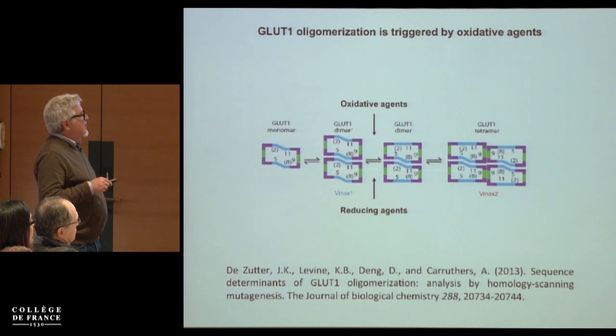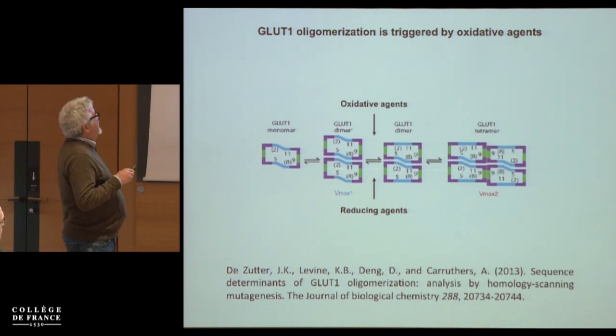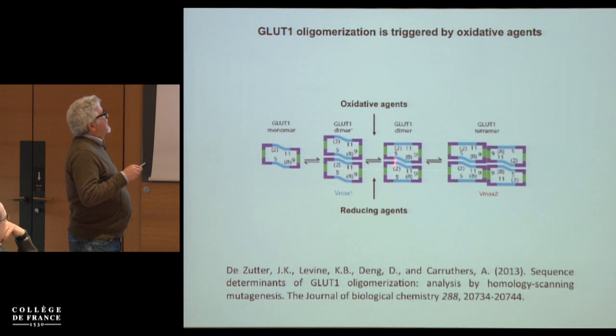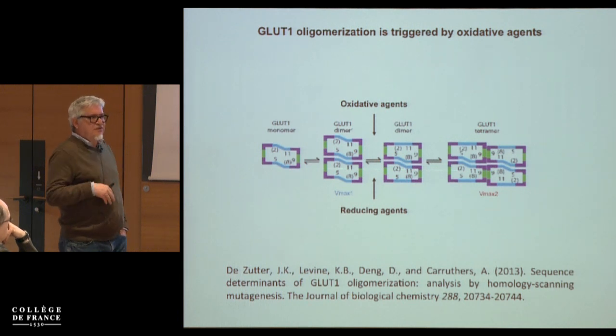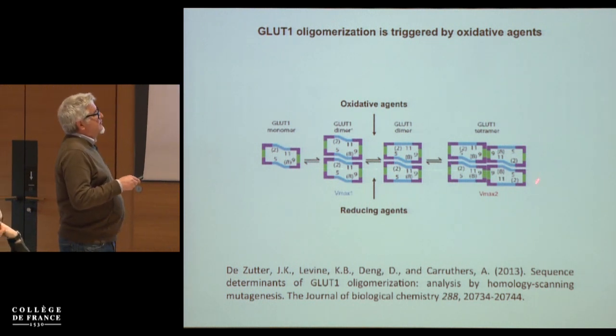Anthony Carruthers published that in red blood cells, there is an equilibrium between GLUT1, which has a certain Vmax, and GLUT1 as a tetramer, which has increased Vmax, so a higher capacity to transport glucose in a tetrameric form.